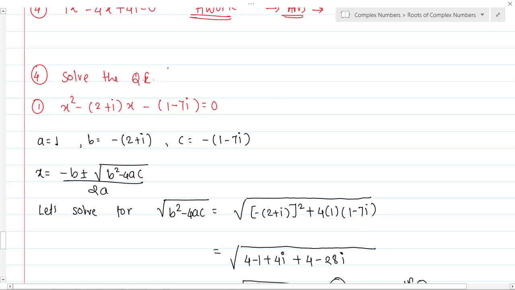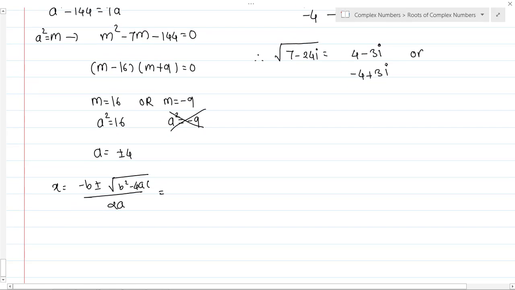Minus b was minus of 2 plus i, so that becomes minus minus plus, so it is 2 plus i whole, divided by, okay, we have plus minus root of b square minus 4ac, which is nothing but 4 minus 3i, or minus 4 plus 3i, divided by 2 into a.